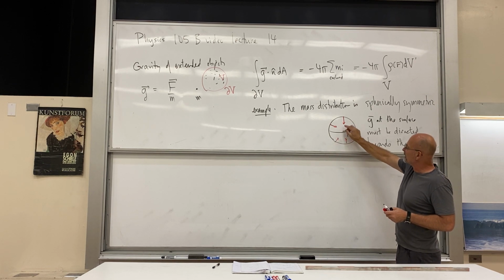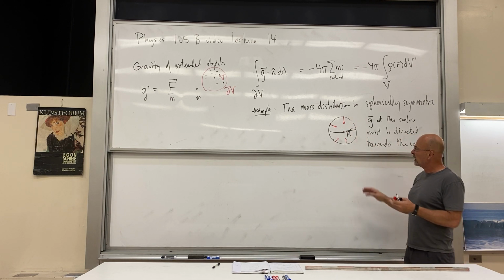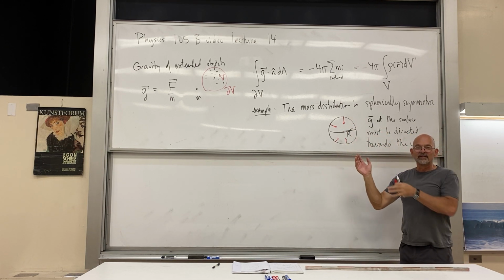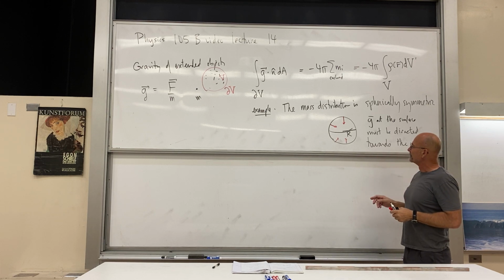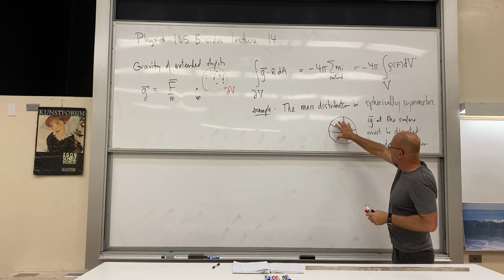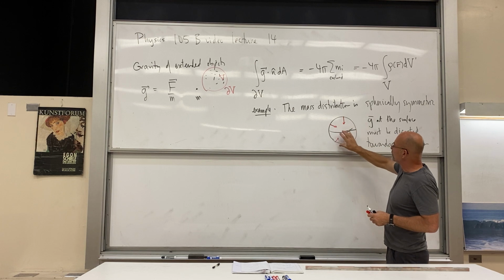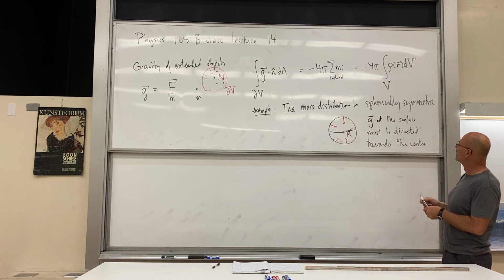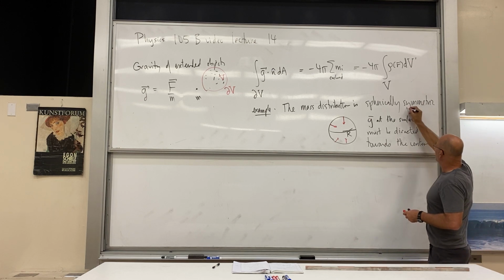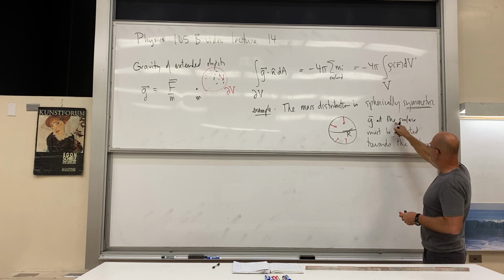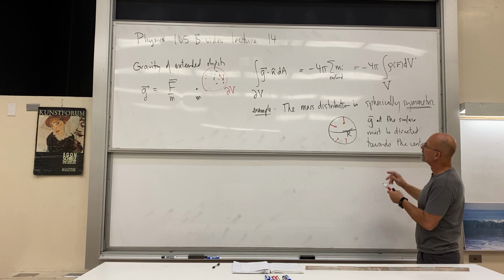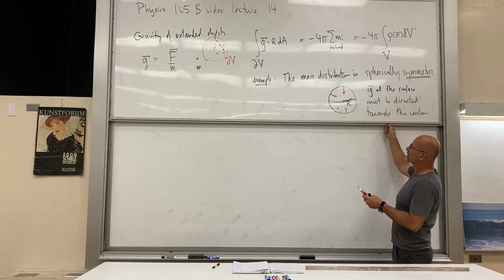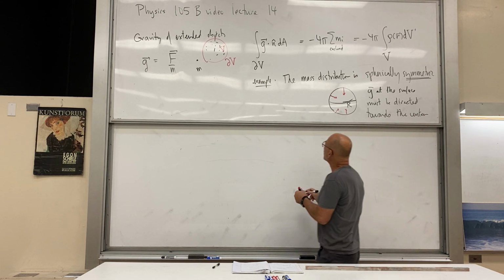And that little delta G would move as you rotate the sphere. So by symmetry, it really can only be directed towards or away from the center. In this case, it's attractive, so we know it's towards the center. So it's the symmetry that requires G to be directed towards the center. Good, now we can do our evaluation.